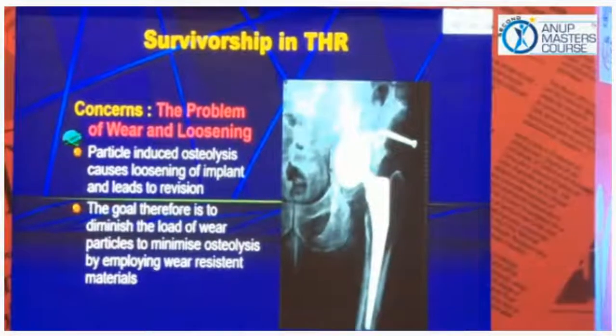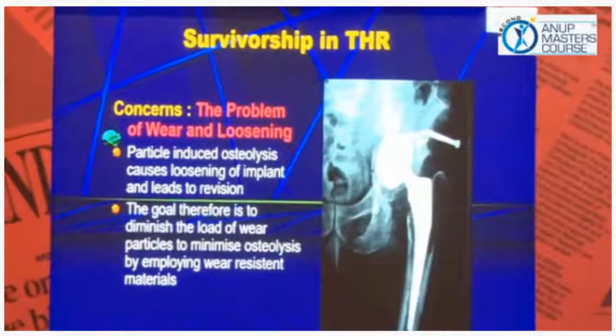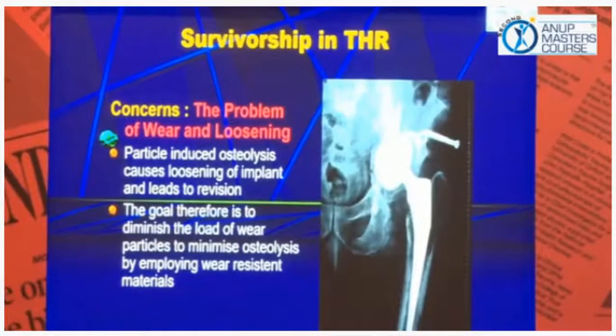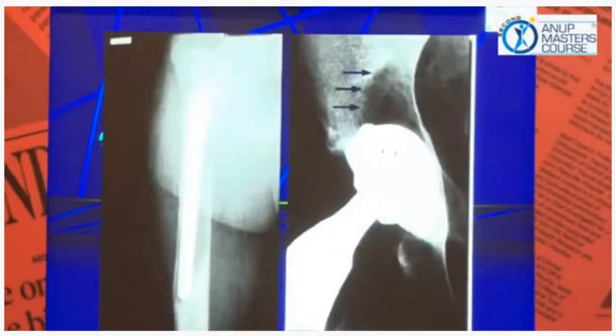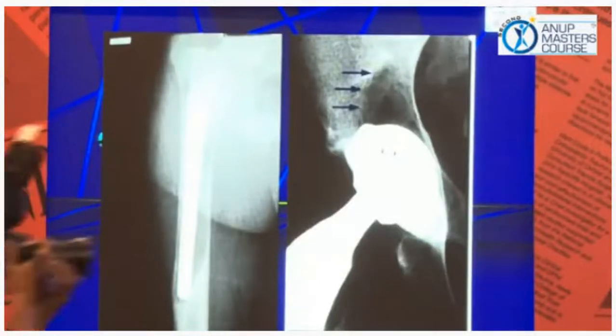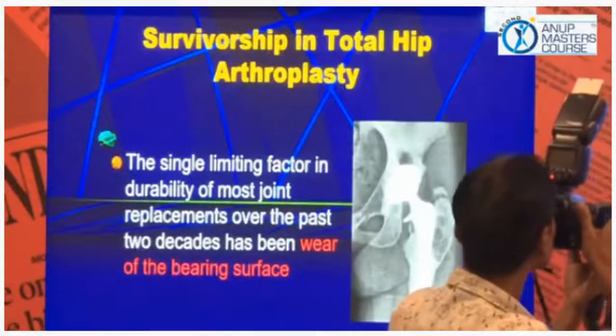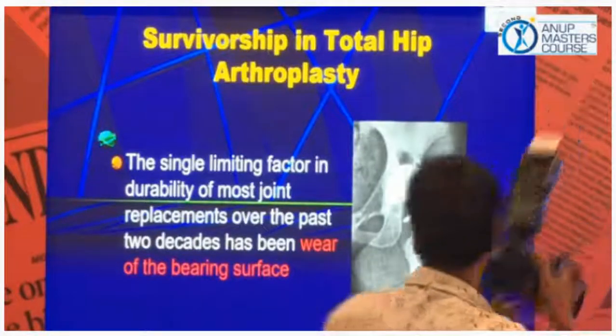And therefore, the goal today to increase survivorship in total hip arthroplasty is to improve the plastic, and we have moved fairly reasonably in that direction, which we shall see in some detail. This is a picture which shows the typically osteolytic zones around the acetabulum and the femoral shaft, which presage the onset of loosening.